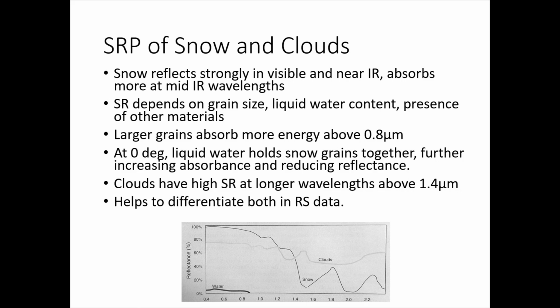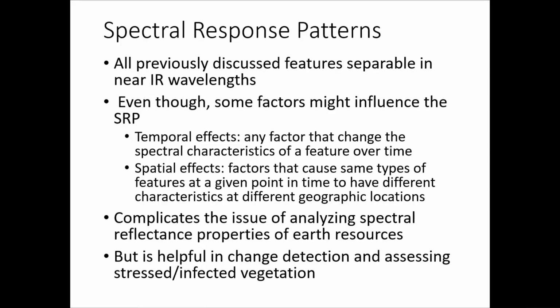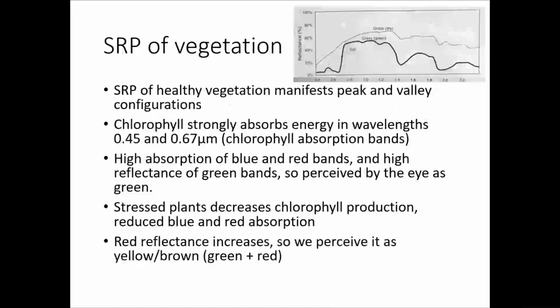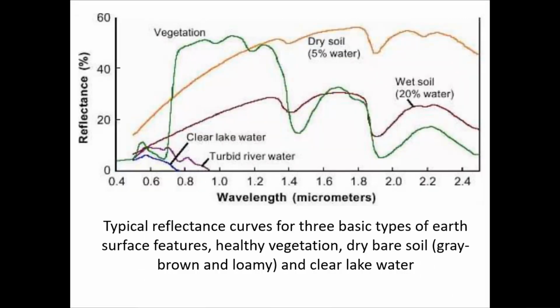Clear? So all these spectral reflectance patterns we discussed earlier are separable in the near infrared wavelengths, isn't it? If you look at this graph itself, you can see almost in the near infrared range that most of these Earth features are separable, right?